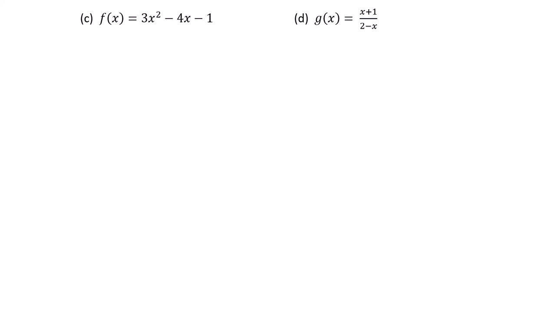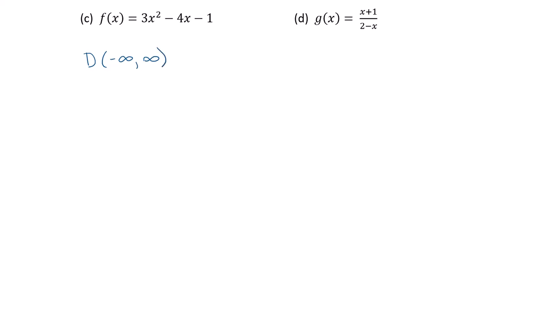We have two restrictions: fractions with variables in the denominator and square roots. Those are the only two restrictions that we have so far in algebra, and this has neither of those restrictions. Therefore, our domain is going to go from negative infinity to positive infinity.